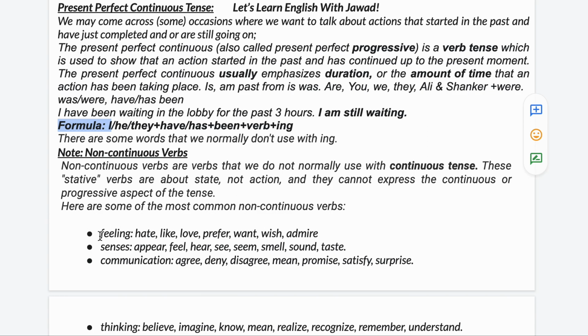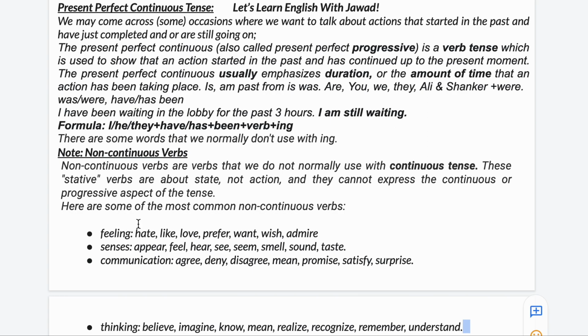For example, with feelings, we cannot say hating, liking, or loving, even though you may come across some proverbs and phrases where we have these verbs in ing form. But it's best to avoid these, and you can use them in present tense, but not present perfect continuous.